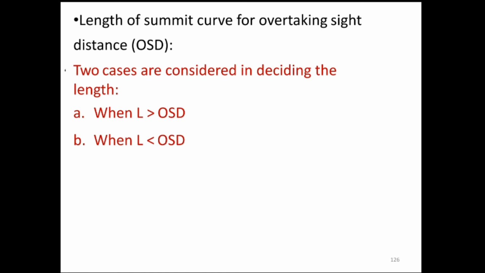The length of the summit curve for the overtaking sight distance, that is OSD. Here again we have to consider the two cases, when L is greater than the overtaking sight distance and L is less than the overtaking sight distance.